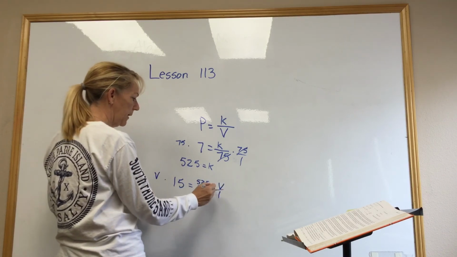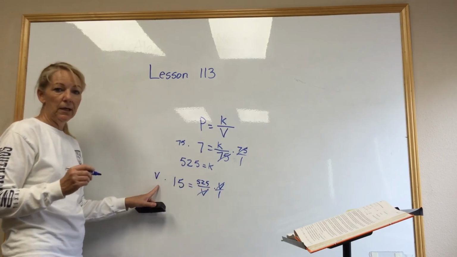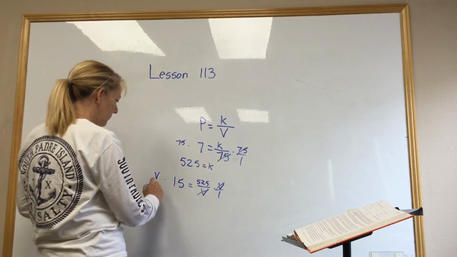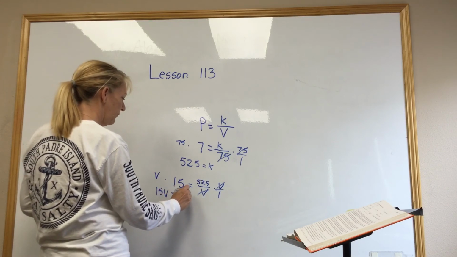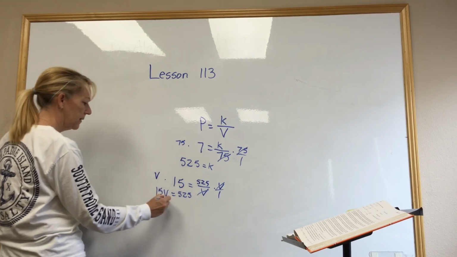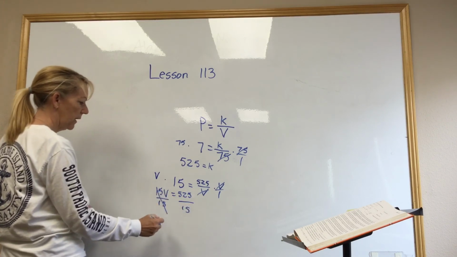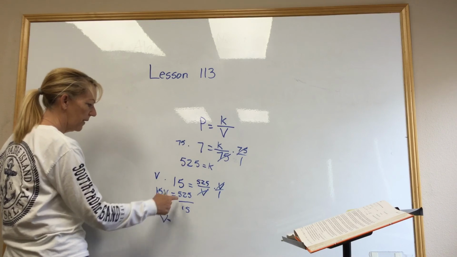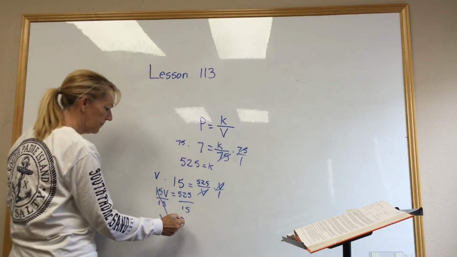So that would be canceling it out over here. I just needed to move it. And so now I have 15V equals 525. Now I can divide both sides by 15 to solve for V. And so V equals 525 divided by 15, which is 35 liters, and that is my volume.